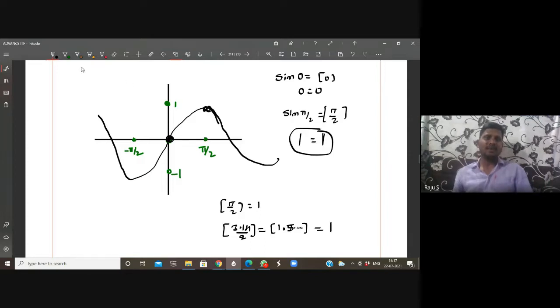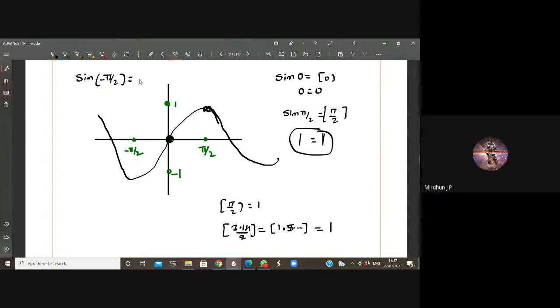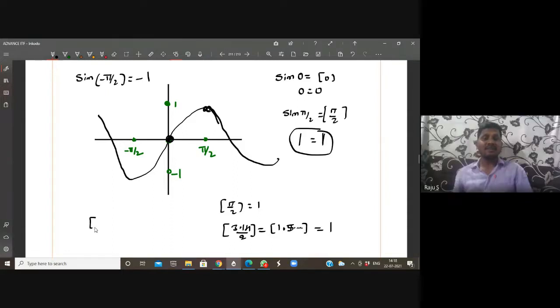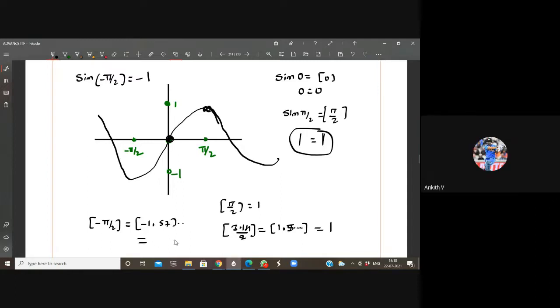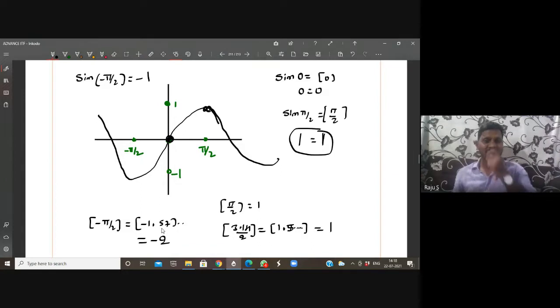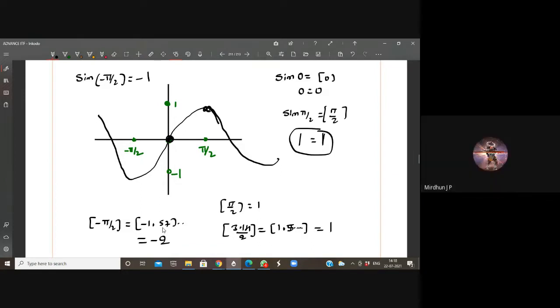Let's see here, what is sin minus 90? What is the greatest integer of minus 90? Minus 1.57 something, which is equal to minus 2. Now is LHS equal to RHS here? No, sir.